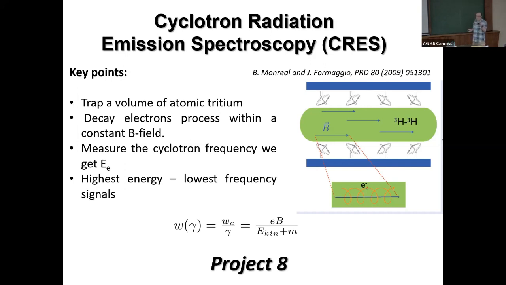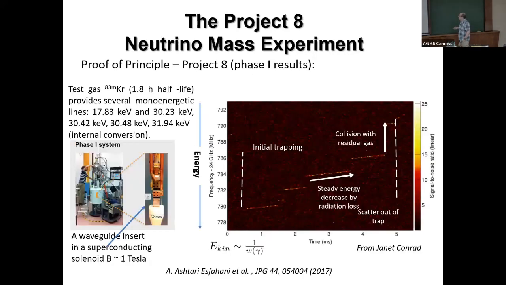The idea is to measure this cyclotron frequency. If you are able to measure the cyclotron frequency, you can get the energy of the neutrino due to these relations. And so in principle, it should be very exact. If you are able to capture the cyclotron frequency, you are going to be able to get the electron energy in a very accurate manner.